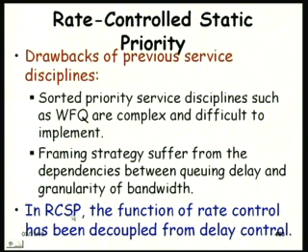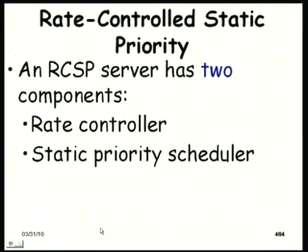Now, let us look at one algorithm called RCSP, where the rate control and the delay control have been decoupled. As the name says, there are two components here: one is the rate controller and the other is the static priority scheduler.